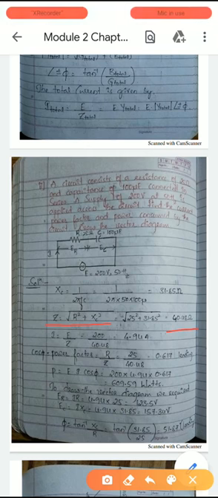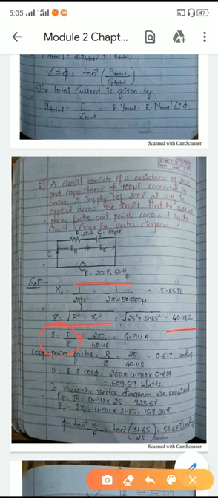Once we know the total impedance and the applied voltage, we can calculate the current as I is equal to E by Z, that is 200 divided by 40.48, so I is equal to 4.94 amperes, right?